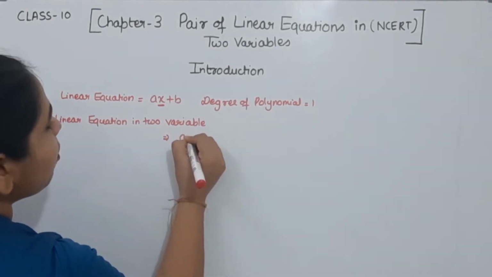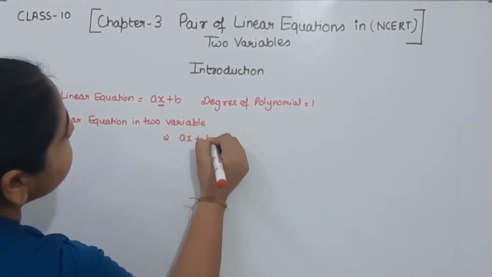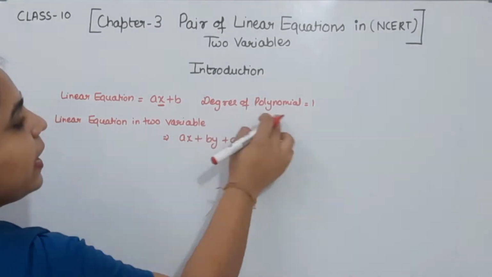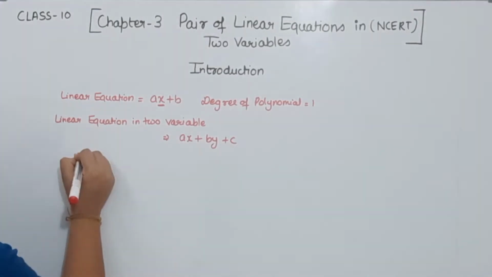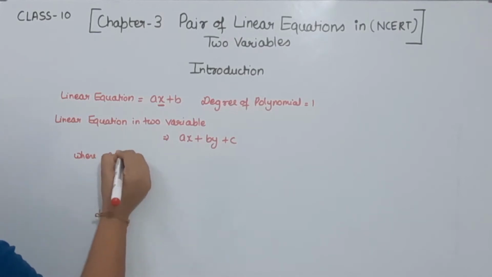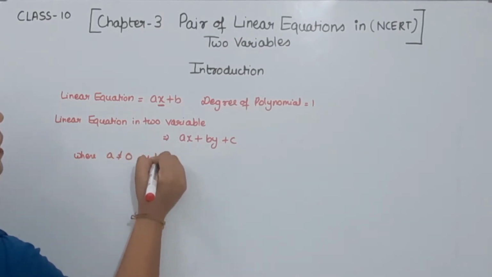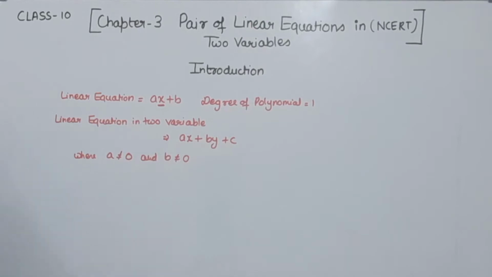This one will be in the form of ax plus by plus c, and the degree of the polynomial will be equal to 1, that is the highest power is 1. Here a is not equal to 0 and b is also not equal to 0.